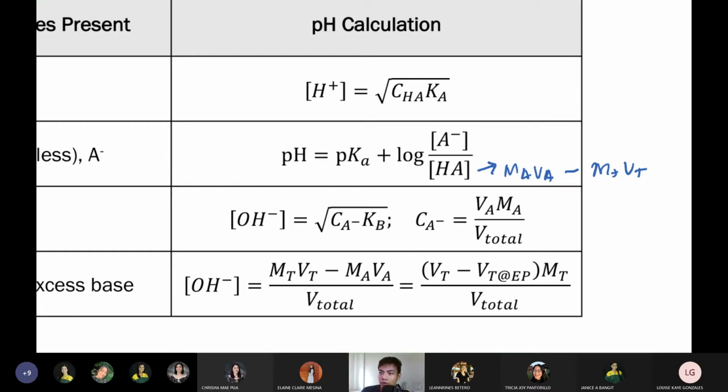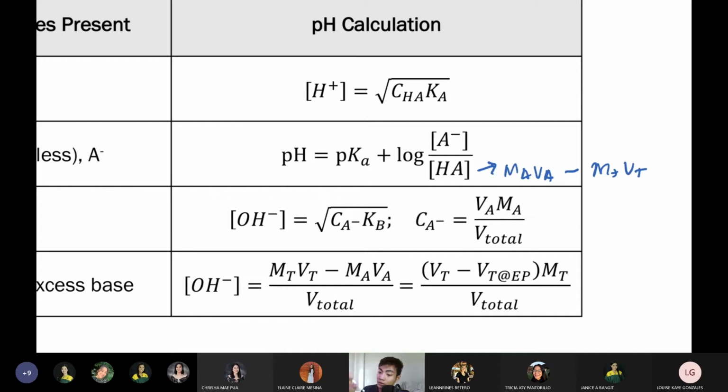Gaano kadami yung aking conjugate base? Depende sa dami ng titrant na nilagay ko. Remember that when I add titrant, dun lumalabas yung conjugate base, di ba? So that means the moles of the titrant I added in the Erlenmeyer flask, yung dami ng moles ng base na dinagdag ko sa Erlenmeyer flask, that corresponds to the moles of the conjugate base.